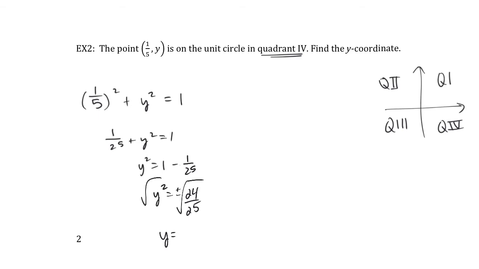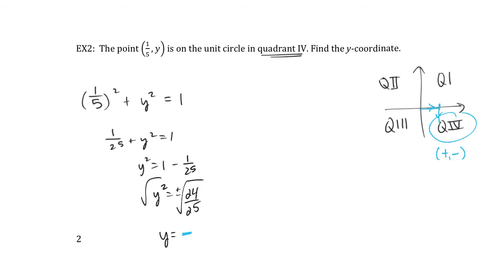I'm in quadrant 4, so I would go a positive x and then go down. Quadrant 4 has a positive x and negative y, and I'm looking for the y value, so this needs to be negative to get me to quadrant 4.